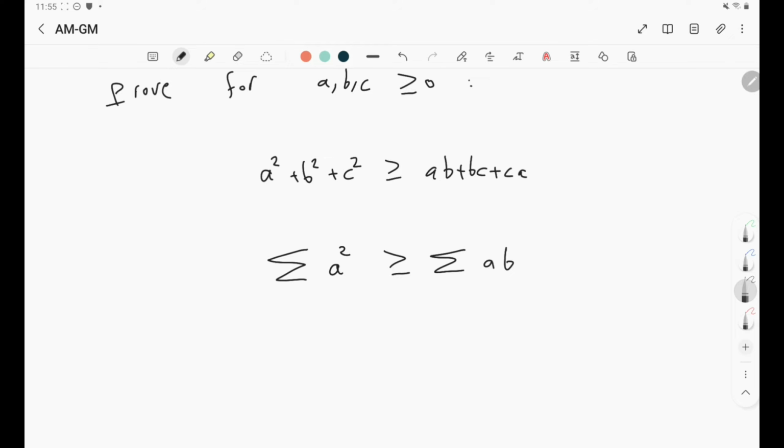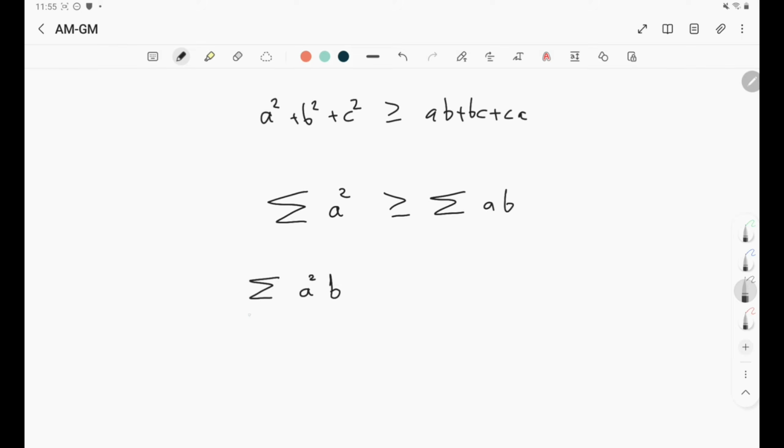basically, if we have something that is a cyclic sum, for example, let's say we have sum a square b, and we say this is a cyclic sum. What does that mean? Of course, we were working with three numbers, as we mentioned.